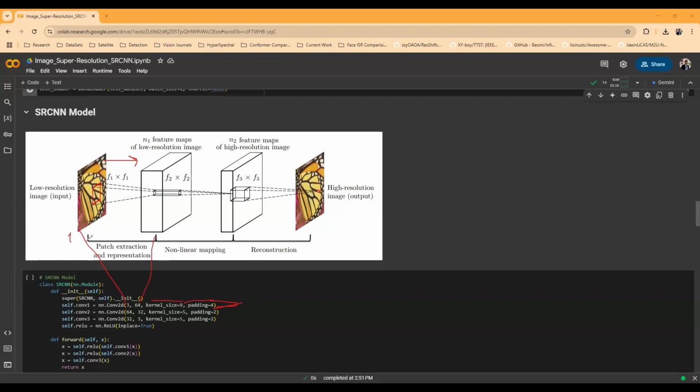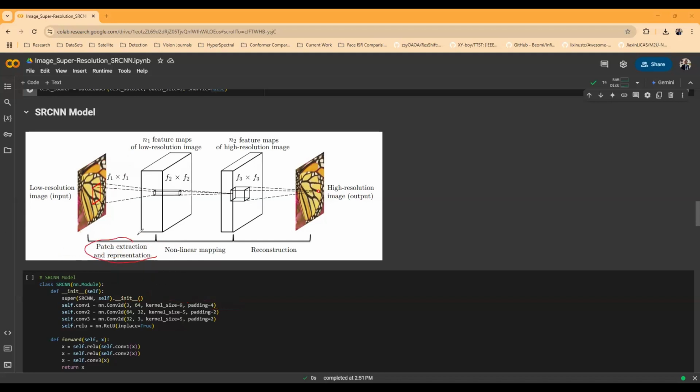Input channel 3 means the input image has 3 channels, meaning RGB, and output channel 64 means the width of the feature map, that is the result of the first layer of convolution, will have 64 as output channel dimensions.